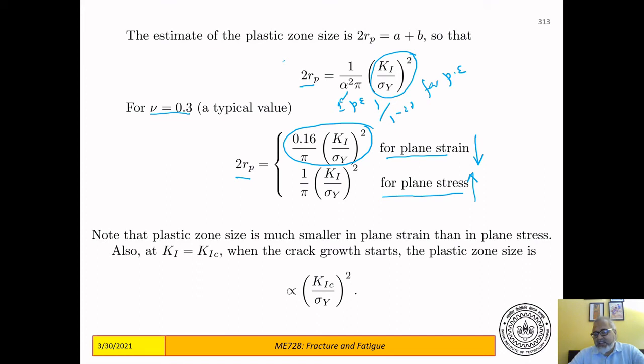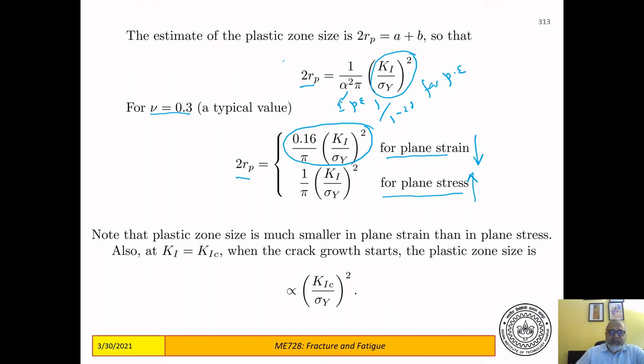If you change the yield criteria, the numbers in front of this K1 by sigma y squared will change, but the nature of this deduction will still remain the same. So this is always true. For plane strain, you have much smaller plastic zone size at the same applied K1 than in case of plane stress.